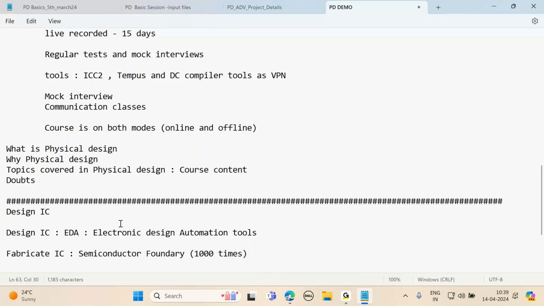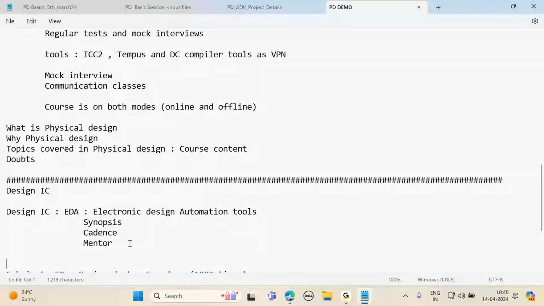Generally, to design any IC, we use electronic design automation tools. For designing an IC, we have two major vendors: one is Synopsys, another is Cadence, and we even have Mentor Graphics. Mentor Graphics is not a very major vendor, but we even use tools from Mentor Graphics. So we are going to design an IC by using electronic design automation tools, meaning software tools.